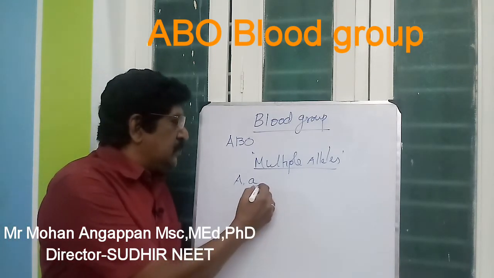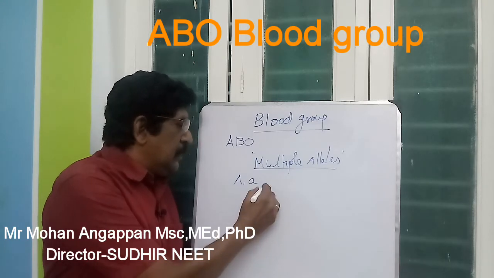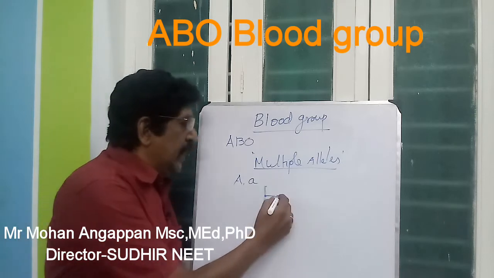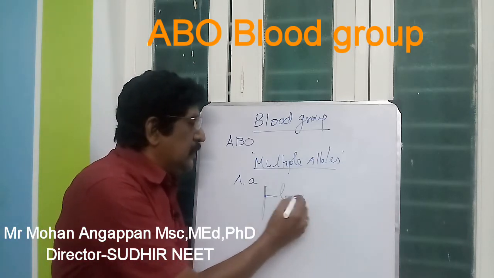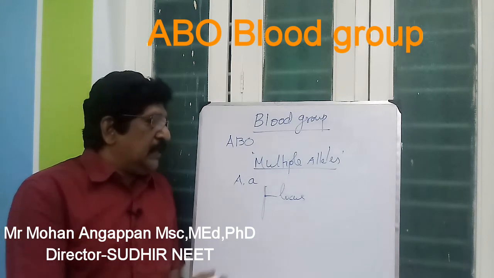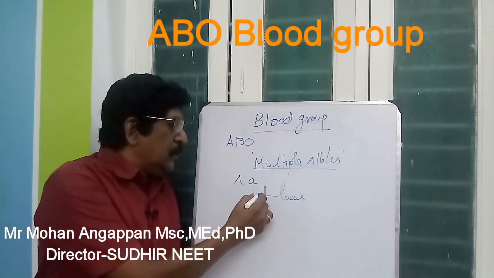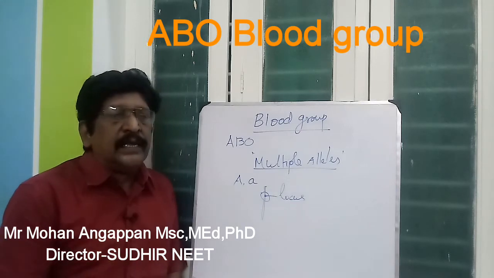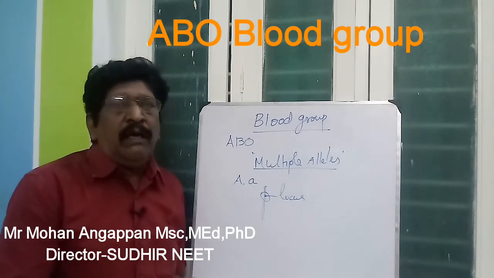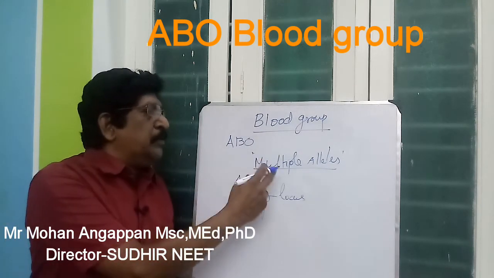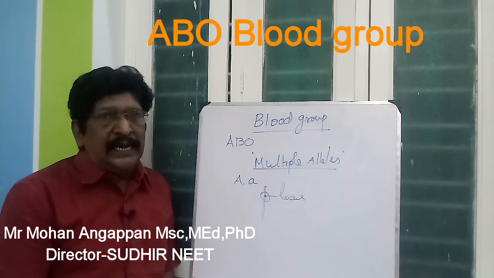The locus is the place on the chromosome where the genes are located. If there are more than two genes in a single locus, that is called as the multiple alleles. So this ABO blood group is an example of multiple alleles.